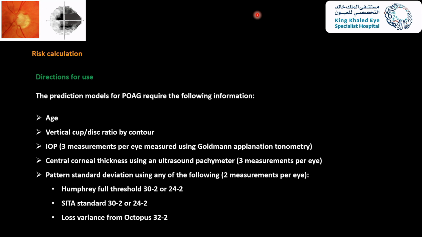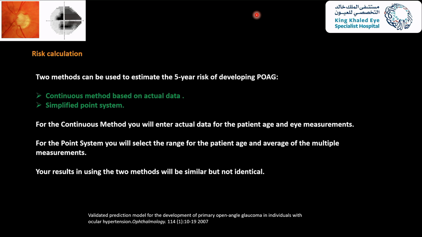And the pattern standard deviation using any of the following, 2 measurements per eye: Humphrey full threshold 30-2 or 24-2, or SITA standard 30-2 or 24-2, or loss variance from Octopus G2.